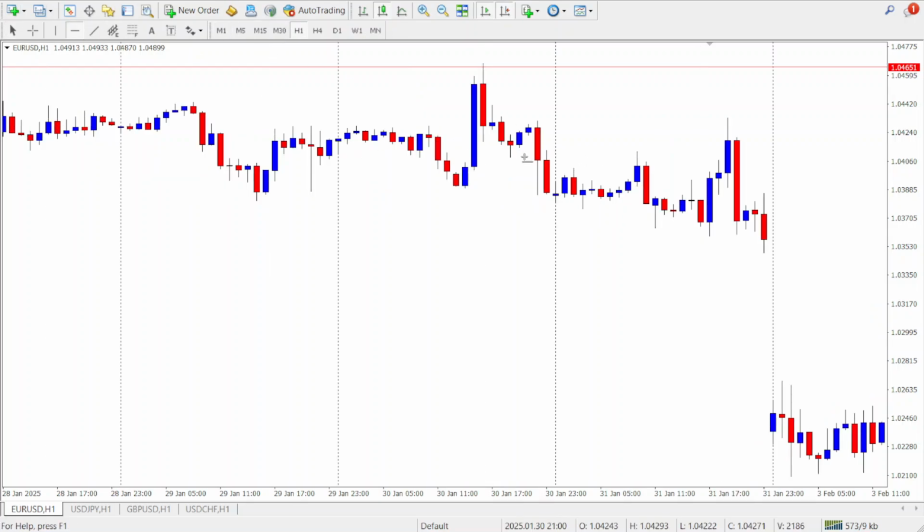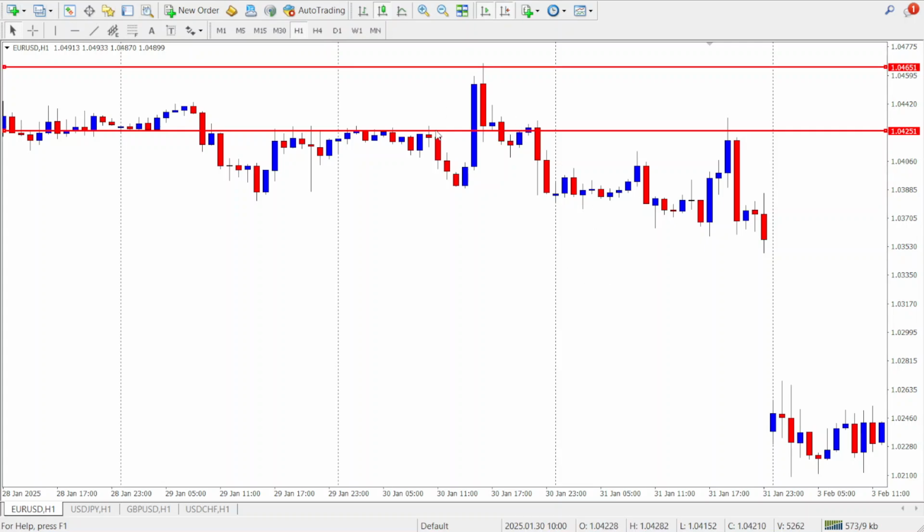For example, see something like this. You had a breakout, and before you know it, price just dropped back and came downwards.